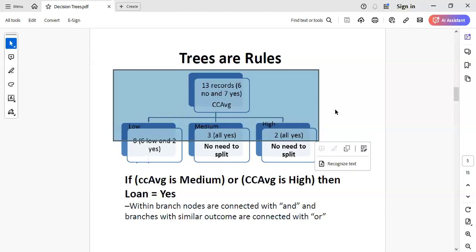CC average is high is the second branch. So when your leaf is of the same category, you can combine these branches with the help of OR. If CC average is medium or it is high, then loan is yes. This is how it works.